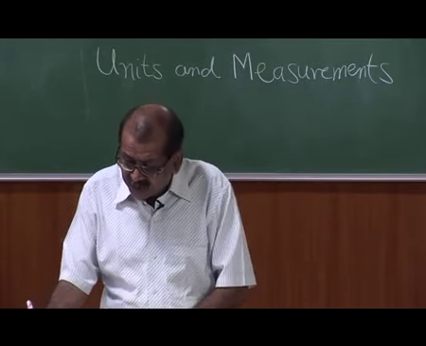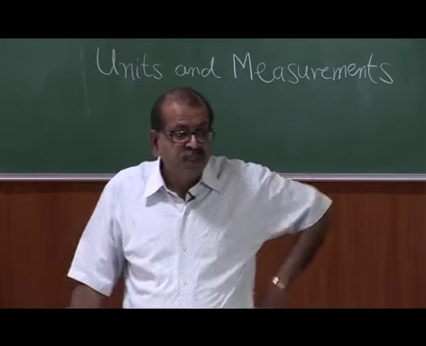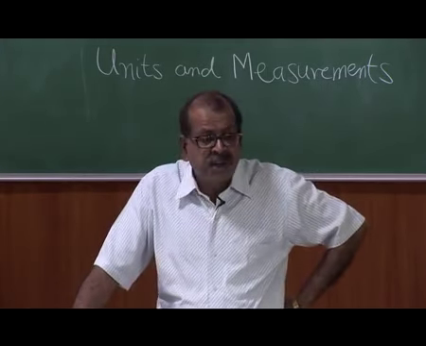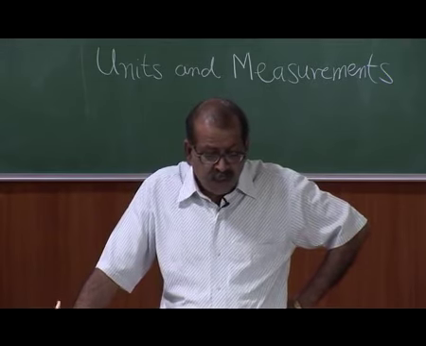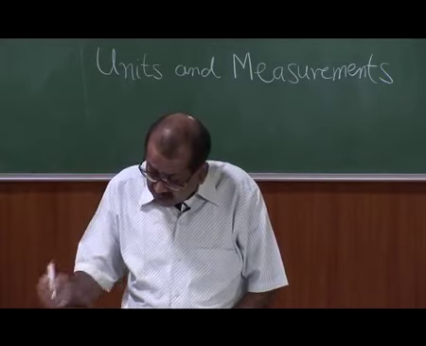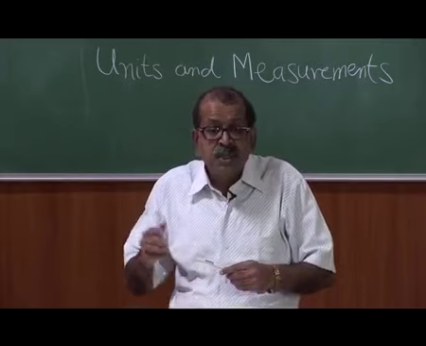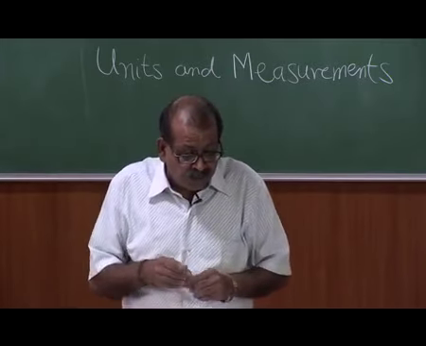So, the angle subtended is referred to as a solid angle, and the units of these are called steradians. Now, sometimes quantities could be measured in units which are not the basic units, but multiples of these.